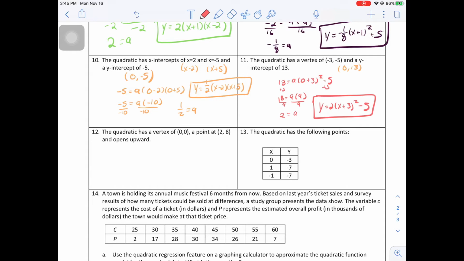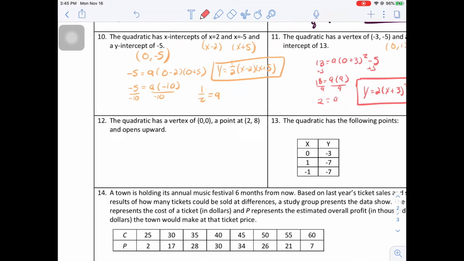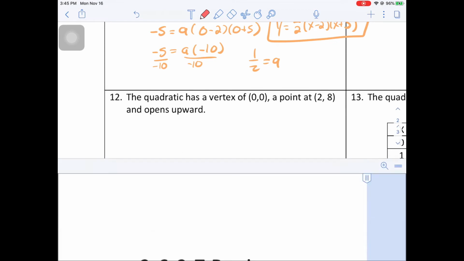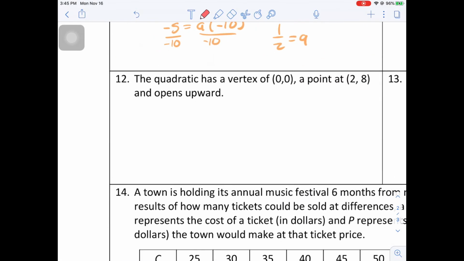All right. The quadratic has a vertex of 0, 0 and a point at 2, 8. And it opens upwards. So vertex at 0, 0. All right. So let's actually just write that into vertex form. So that's going to be y is equal to a(x plus 0) squared plus 0.